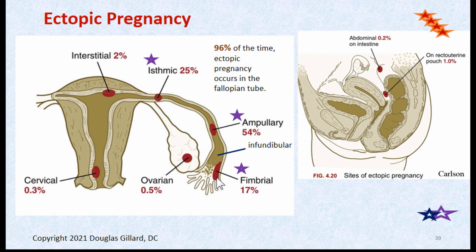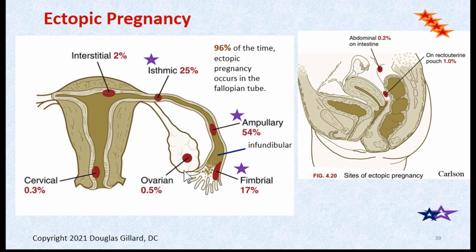15% in the fimbriae, which is still kind of part of the fallopian tube. So really about 96% of the time, ectopic pregnancies are going to occur somewhere in the fallopian tube. Occasionally, once in a blue moon, remember we said sometimes the fimbriae will miss the egg and can't catch the egg, and it gets loose in mom's pelvic cavity, it can float around.